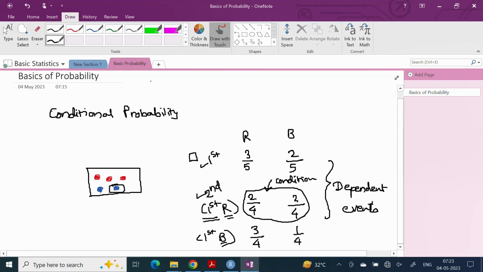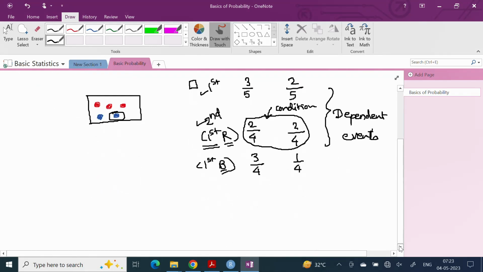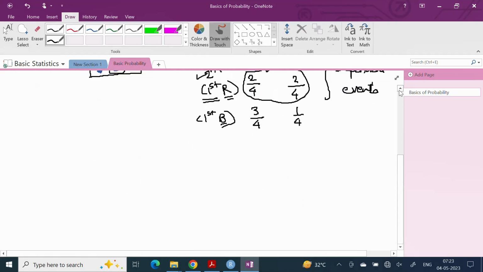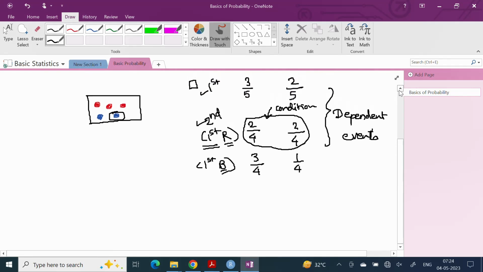Let me introduce the notation for the same problem.